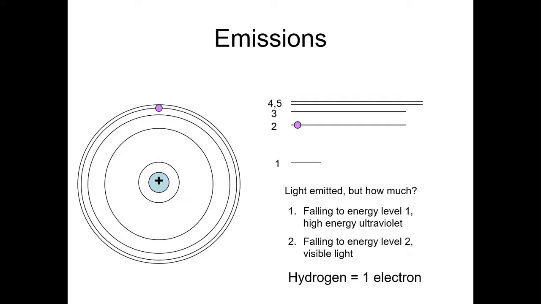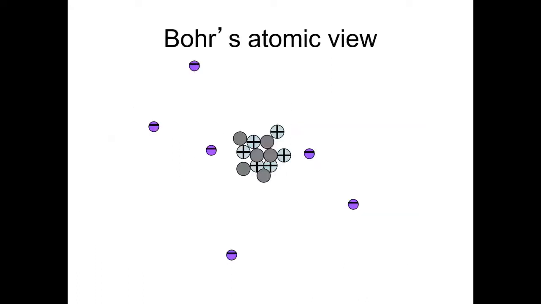So going from 4 down to 2 gives us a higher energy color. Anything other than red is going to be higher energy than red. And so we're going to see something that's more of a green color. The next energy level will give us a blue, and then the one after that would give us a purple.